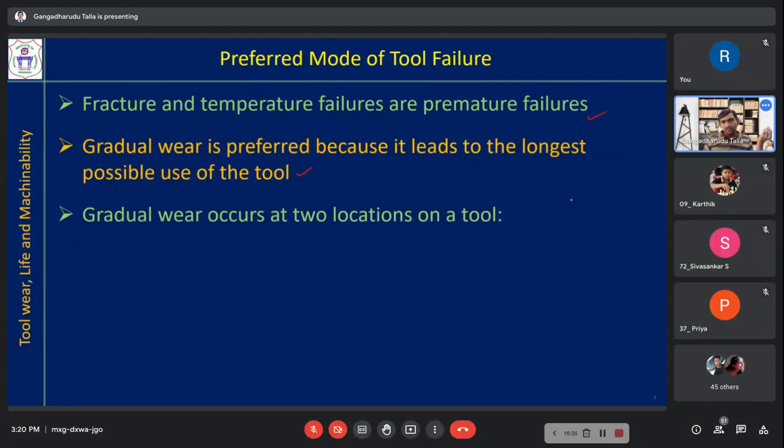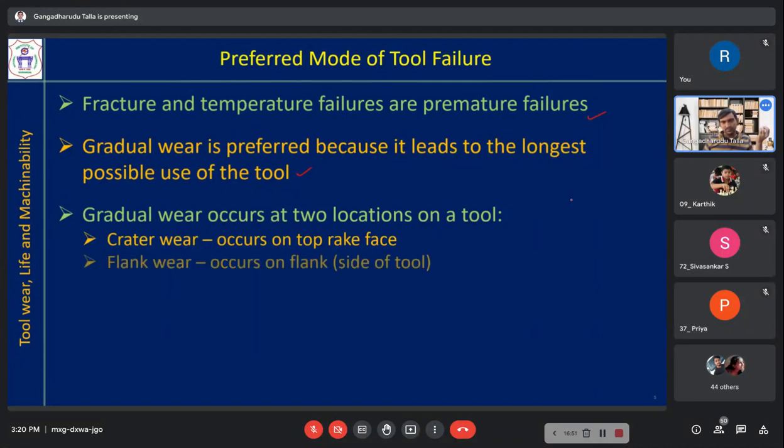Now, where will this gradual wear occur on the cutting tool? At what locations? One is crater wear, which occurs on the top rake surface. We'll see the figures. Second is flank wear, which occurs on the flank side of the cutting tool.